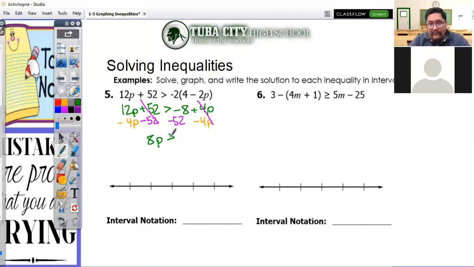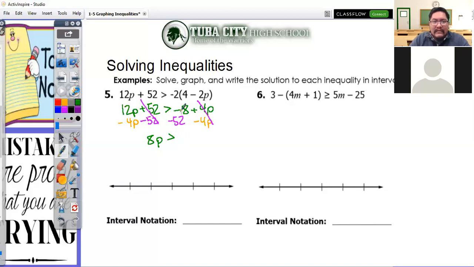So don't get all flip happy and start flipping everything around. Don't be flipping that inequality sign just for anything, okay? You gotta make sure it's only when you multiply or divide using a negative. That is the only time that you're gonna have to do that.